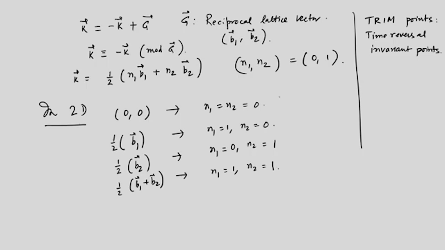So these are the 4 TRIM points present in 2D systems which have time reversal symmetry.